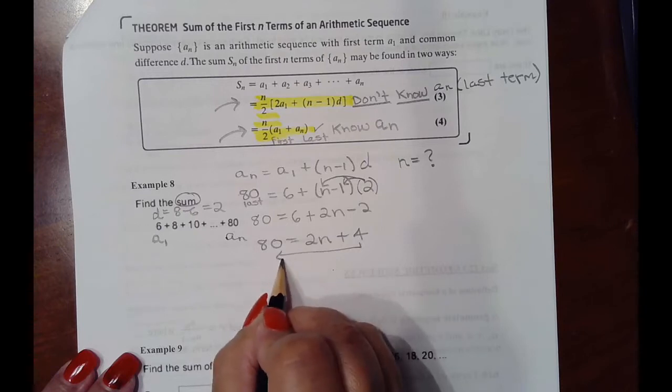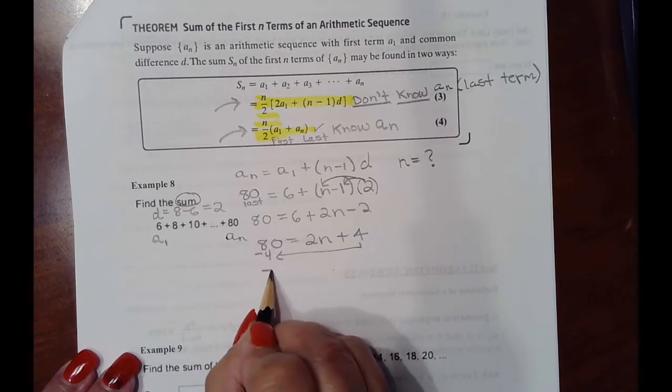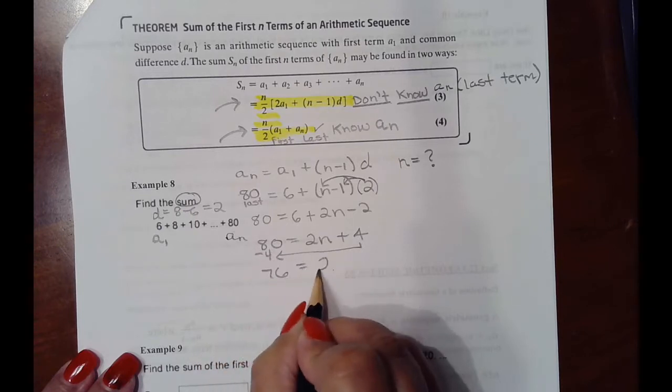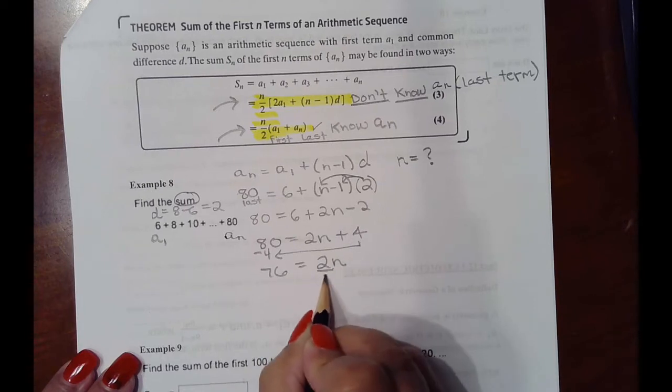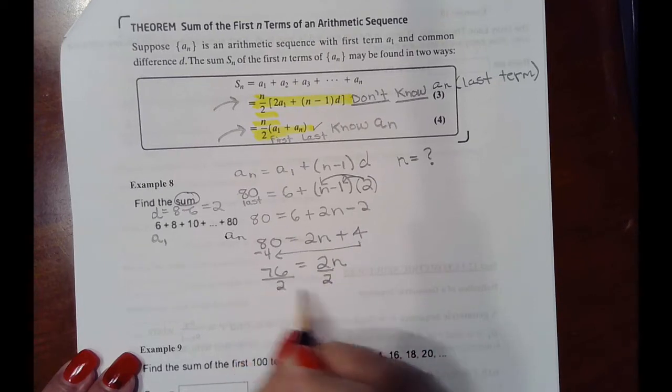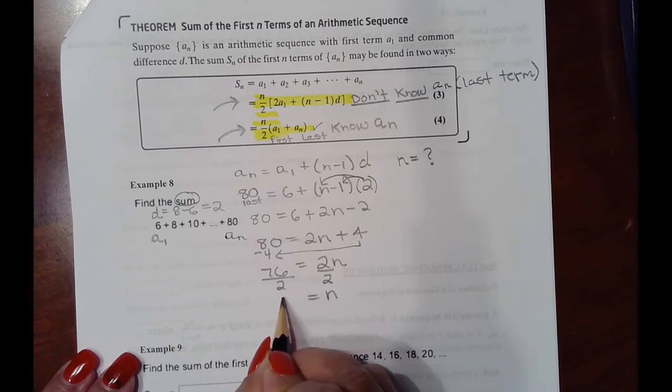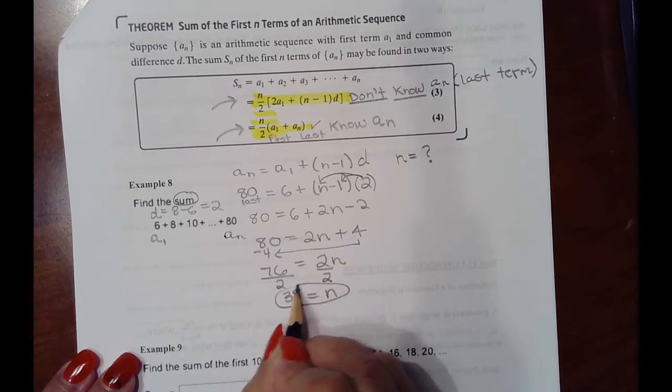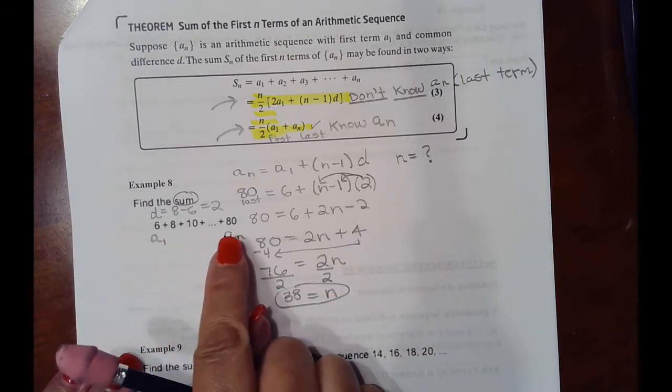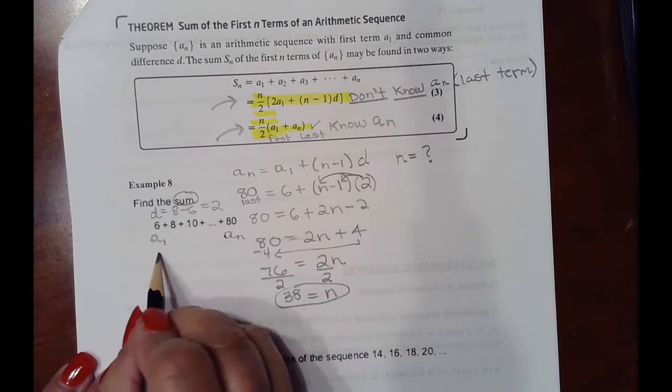Taking 4 away from each side and bringing it to this side, we have 76 is equal to 2n, and then dividing by 2, we have n equal to 38. So I have now found out that there are 38 terms that occurred before they got to the 80.